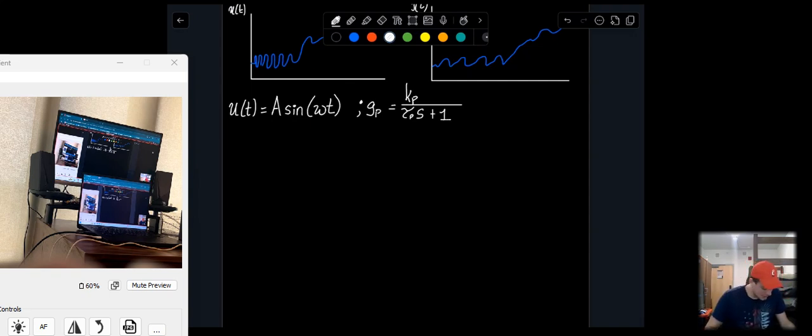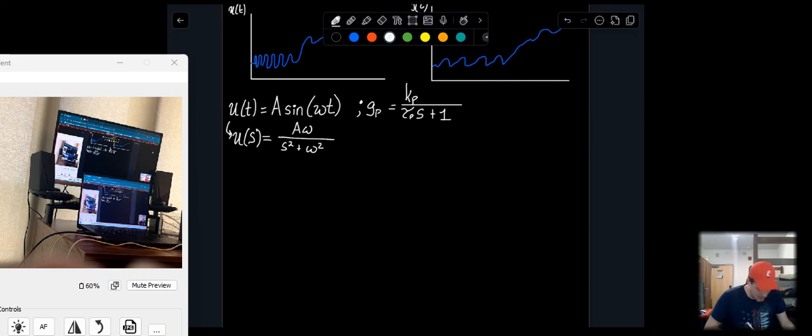Okay, so given this information, the first thing that we're going to do is convert our input into the Laplace domain. So using a Laplace table, or by actually performing the Laplace transform, what we should be able to show is that A sine omega t should be easily transferable into A omega over s squared plus omega squared.